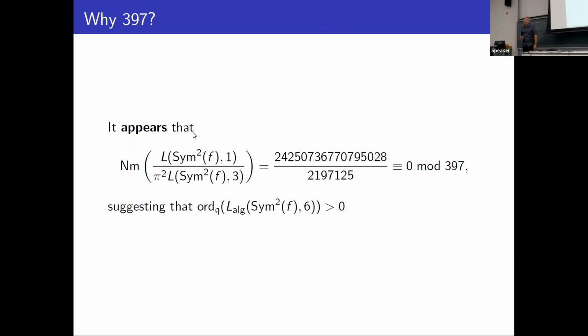Why 397, you ask? So here's a heuristic explanation. If one looks at the norm of these values, you can see that the numerator is divisible by 397. Using the functional equation, it seems that it divides the value at 6.